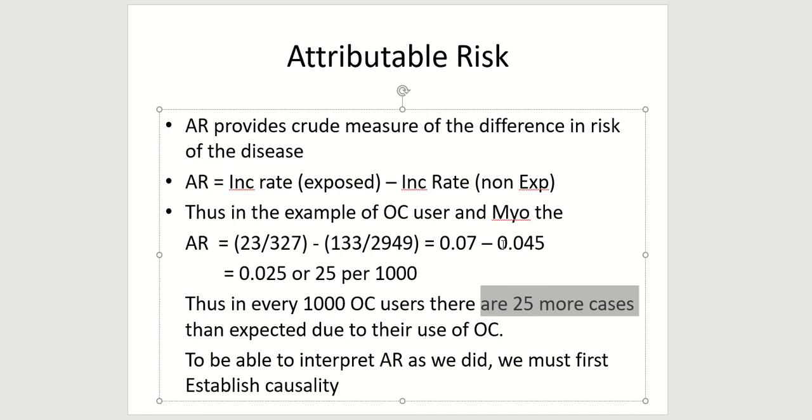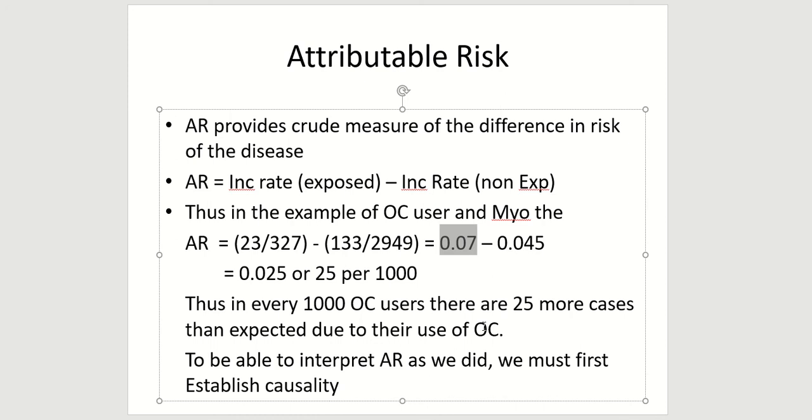Since in the not exposed the incidence is 4.5%, if they were not oral contraceptive users, these 1,000, you would expect to see 45 cases, because that's the incidence rate if they're not exposed. However, you did not see 45 cases, you saw 70 cases, according to this.